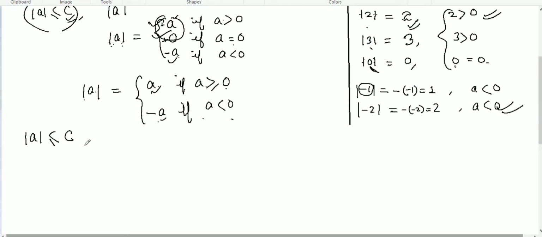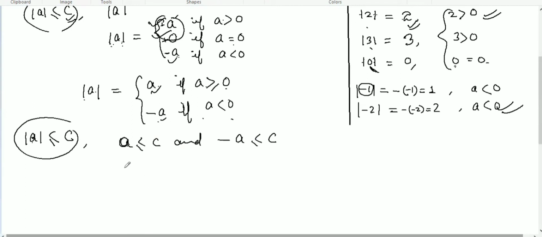So the absolute value of A is equal to A. Here I'm taking out from this result: the absolute value of A is A when A is less than or equal to C, and the absolute value of A is minus A, which is less than or equal to C.